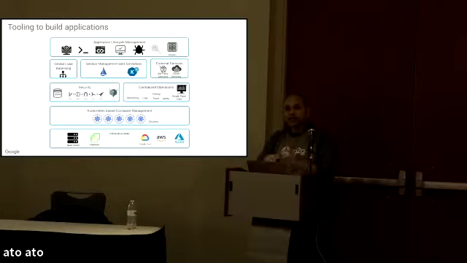Do I have command line tooling to talk to these different systems that are running in different places? DevOps, CI/CD. Do I have tooling for CI/CD? Do I have debugging tooling? Do I have test tooling? Do I have a registry to store the images? Do I have source control repositories? Right?